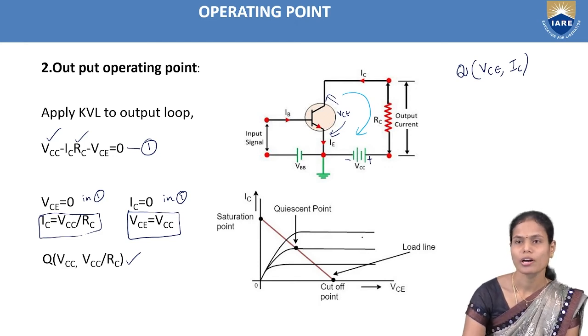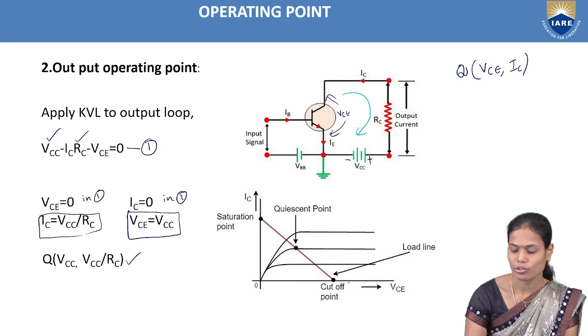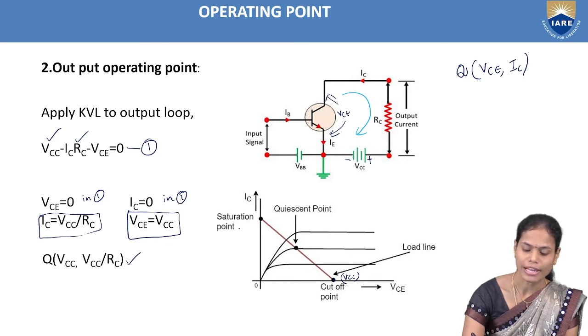I have already mentioned how to draw the output characteristics. After drawing the output characteristics, we have to mark these points: the VCE value is VCC and the IC value is VCC by RC.